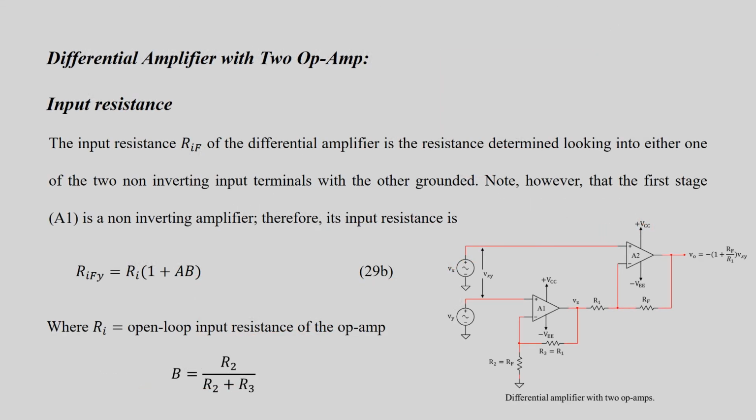The next step is to find the input resistance of the differential amplifier with two op-amps. For this, the input impedance RIF of the differential amplifier, as we already know, is the resistance determined looking into either one of the two terminals while the other terminal is grounded.